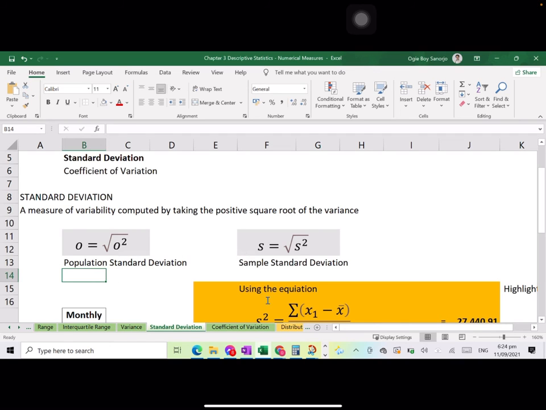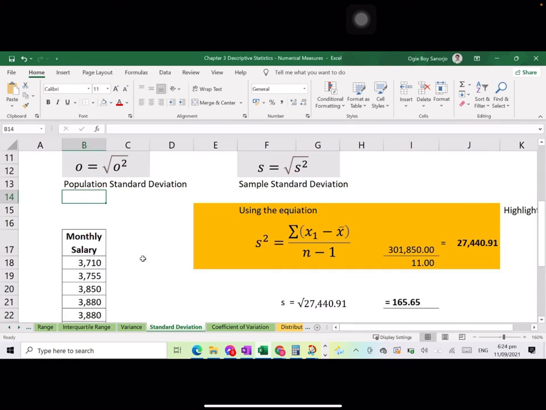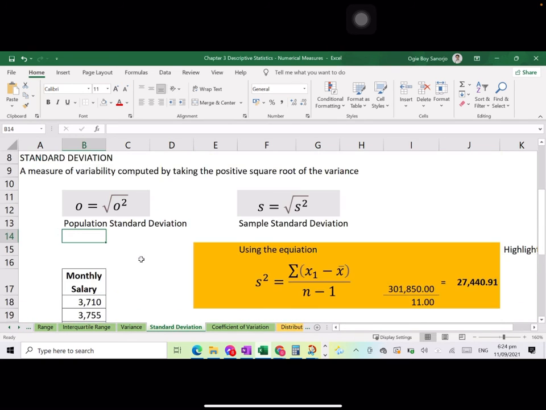But for sample standard deviation, since the symbol of variance for samples is s squared, if we are going to square root that s squared, of course, makukuha natin yung sample standard deviation. So, ganyan lang naman siya kadali.